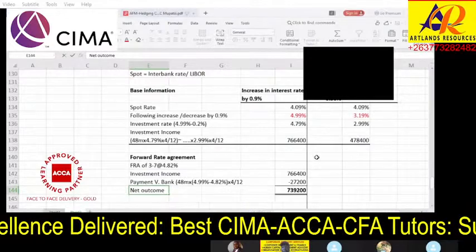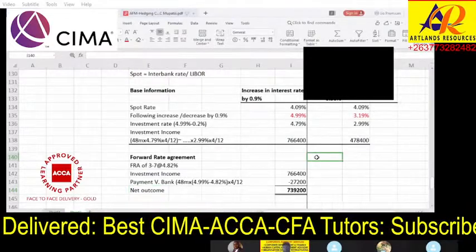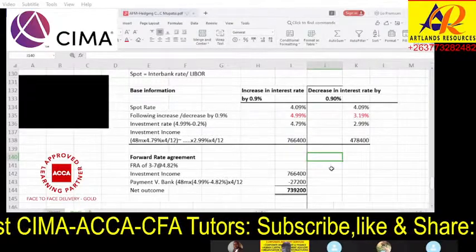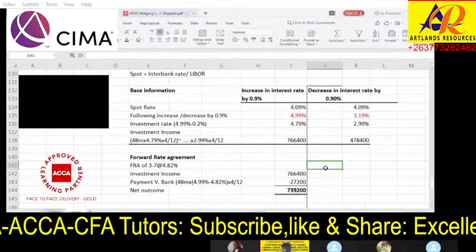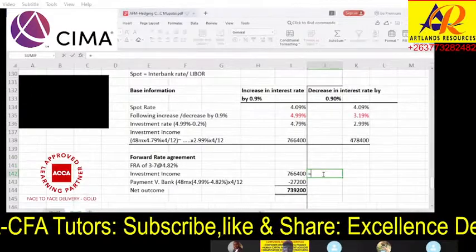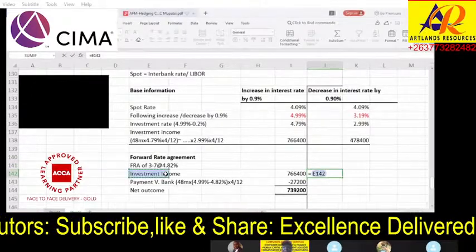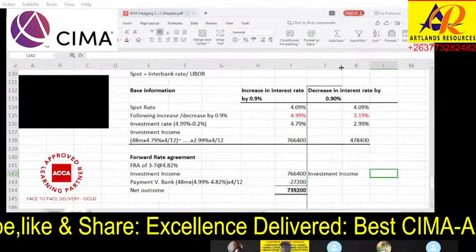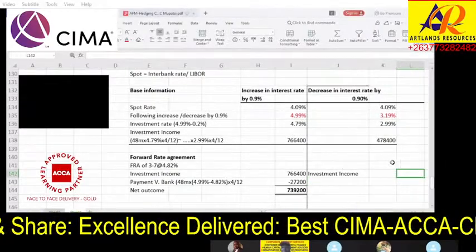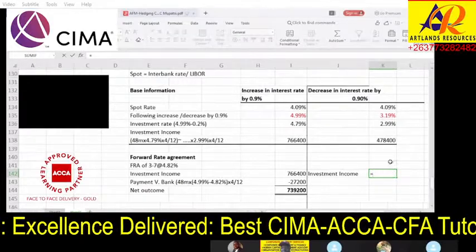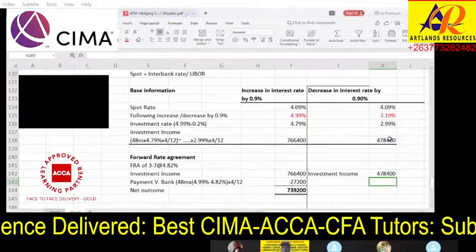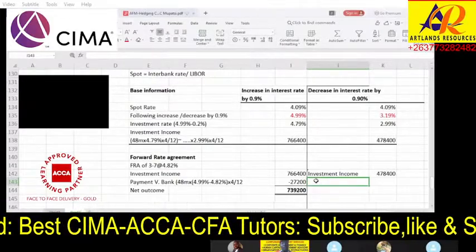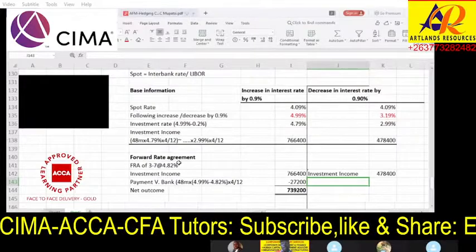Now, if interest rates decrease, in this section here, what is going to happen is, again, you have investment income. It is still 478,400, and then notice you had fixed the forward of 4.82 interbank rate.